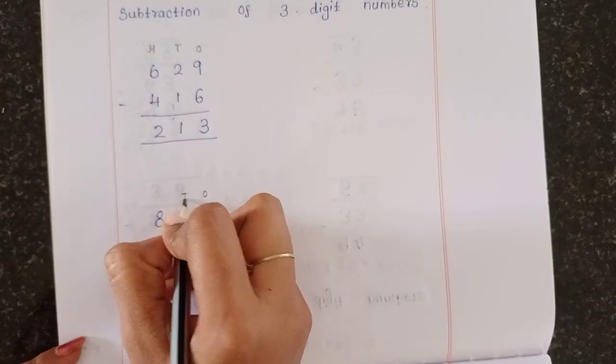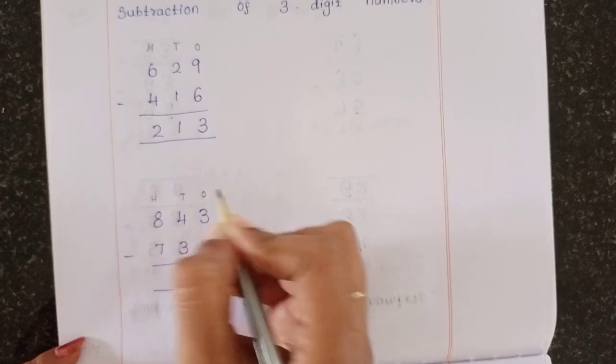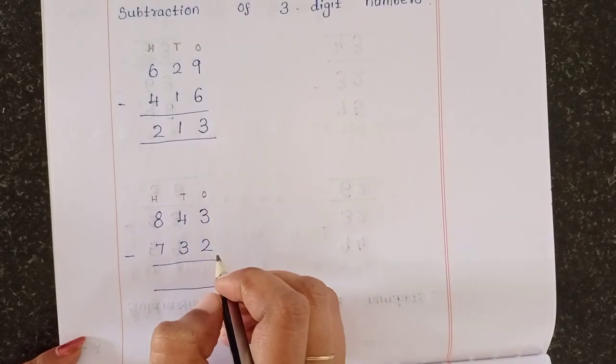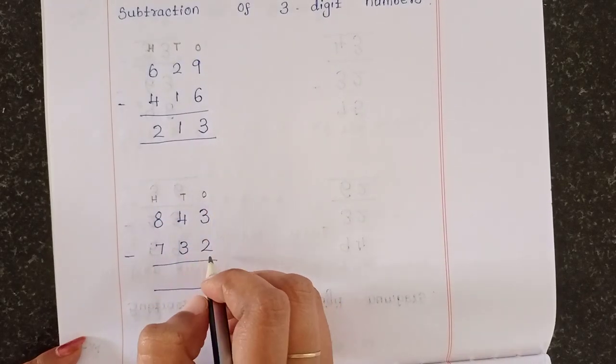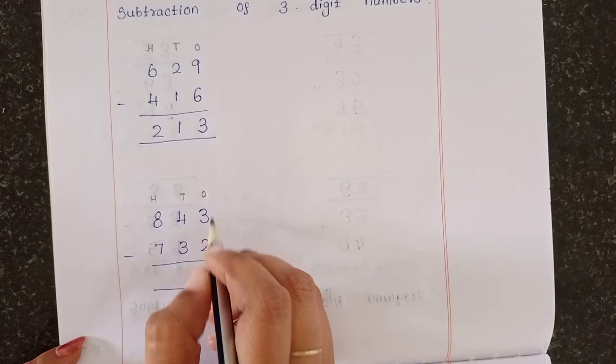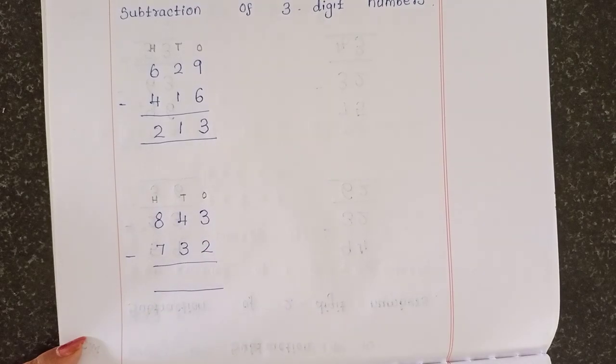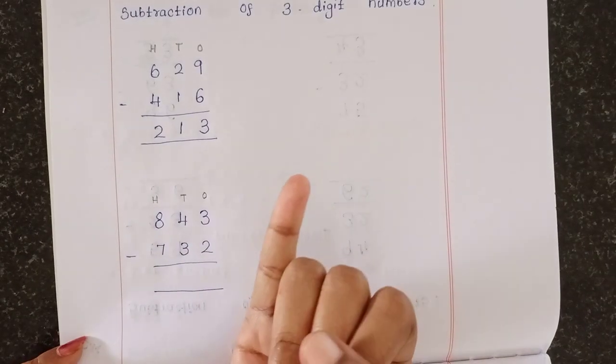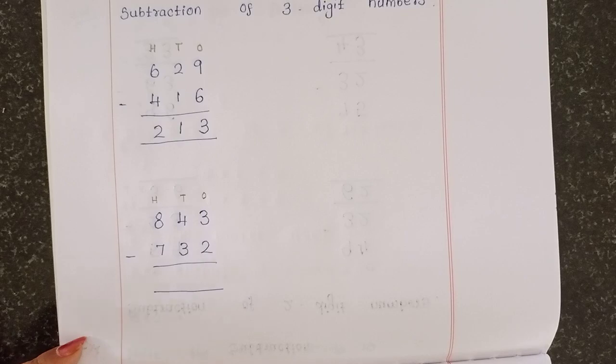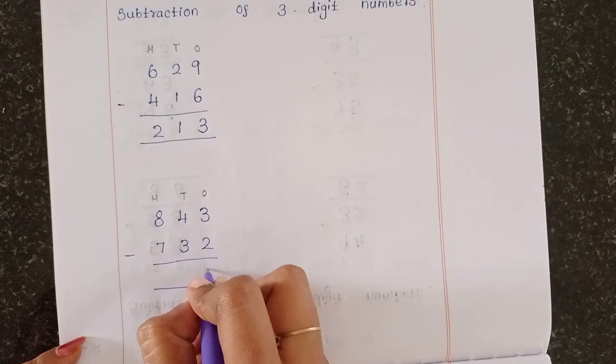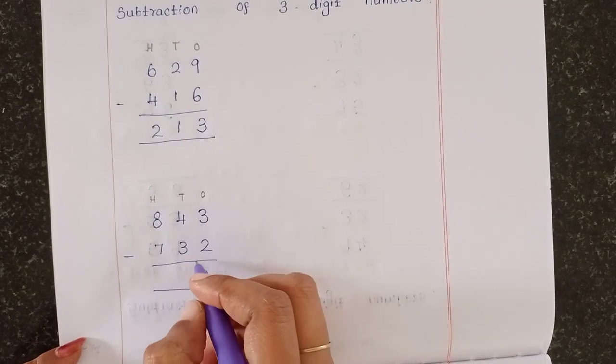Ones, tens and hundreds. Subtract the ones column. 3 minus 2. All of you take 3 fingers. Then you subtract 2, remaining 1. 3 minus 2, 1.